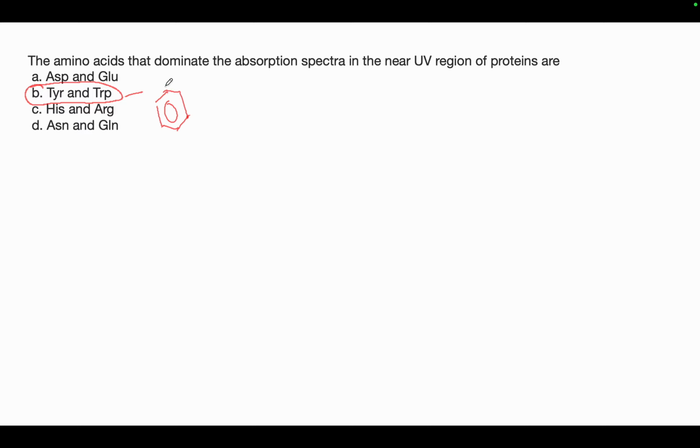So we have an aromatic amino acid here. This is tyrosine, and tryptophan also has a similar aromatic structure. So the aromatic rings of tryptophan and tyrosine absorb at the near UV region.